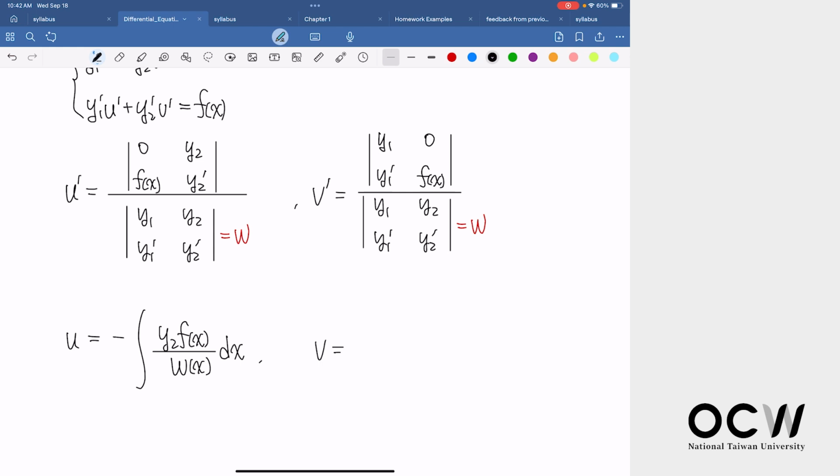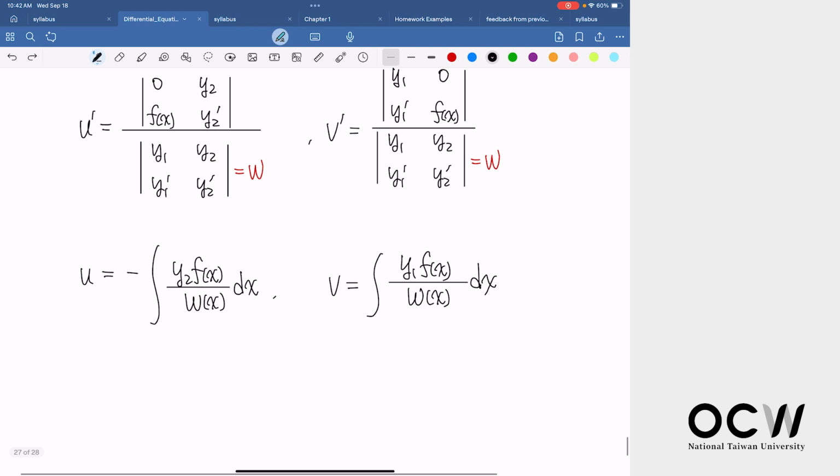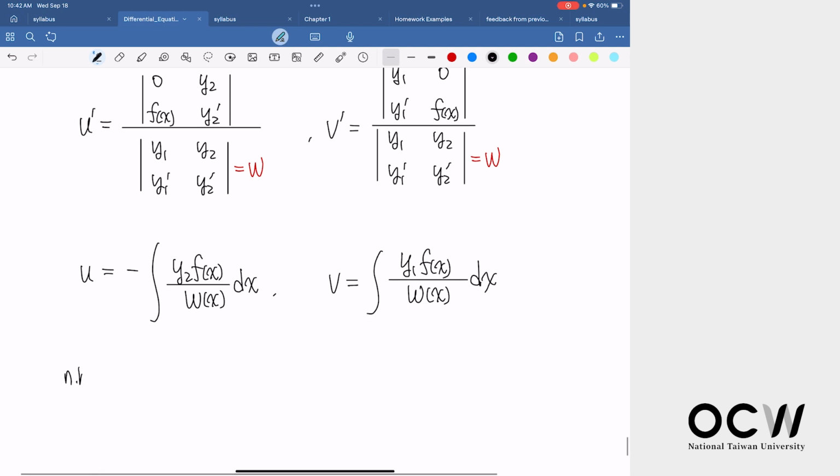And your v is the integral of y1 f of x over W of x, when we use this method. Here's the note: the coefficient of the y double prime should be 1.